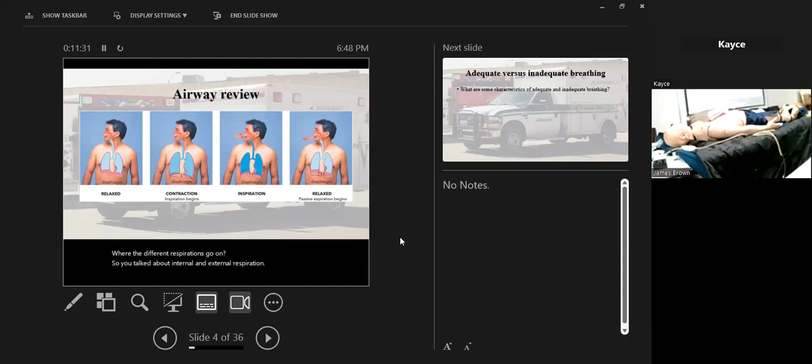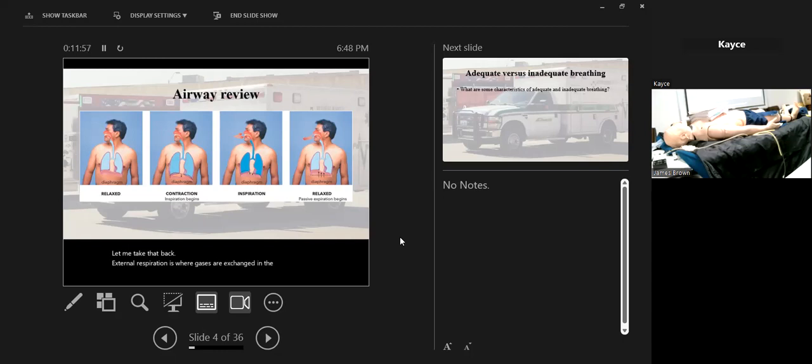So internal respiration is where gases are exchanged within the lungs at the alveoli. Let me take that back. External respiration is where gases are exchanged in the lungs. Good air comes in, bad air goes out and is expelled into the atmosphere.